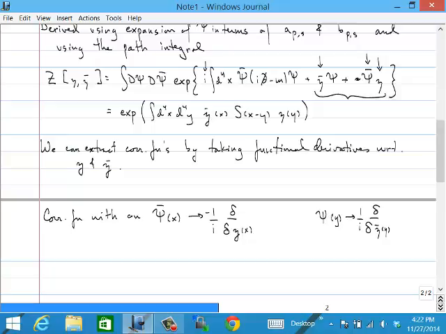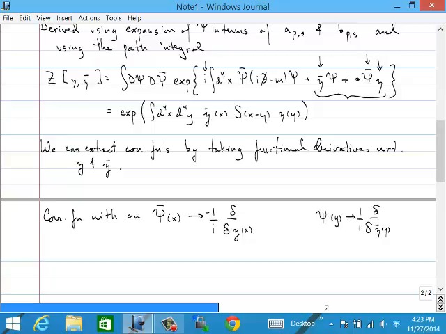But because that d by d eta needs to get commuted through this psi bar, you actually need to insert a minus sign there. And for psi, you have a 1 over i times d by d eta bar.